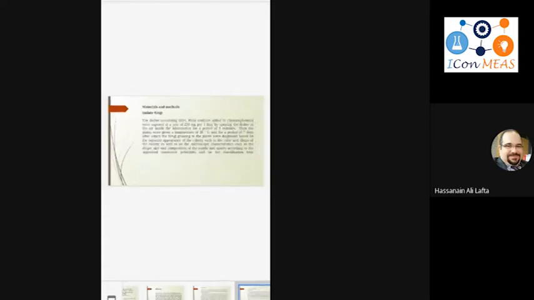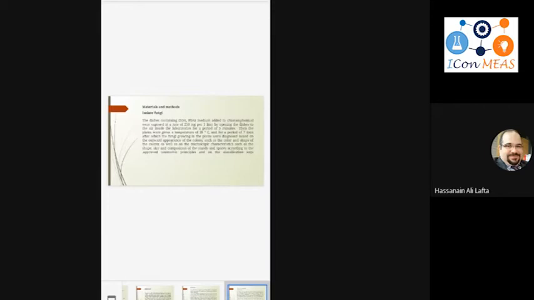Materials and methods. Isolating fungi. The dishes containing SDA and PDA media with added chloramphenicol at the rate of 250 milligrams per 1 liter were exposed by opening the dishes to the air inside the laboratories for a period of 5 minutes.